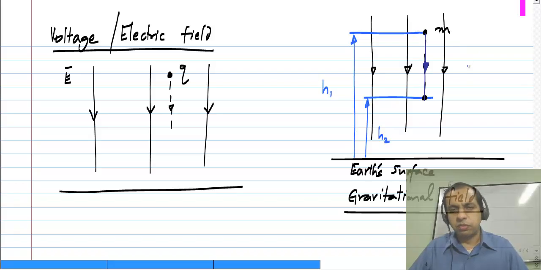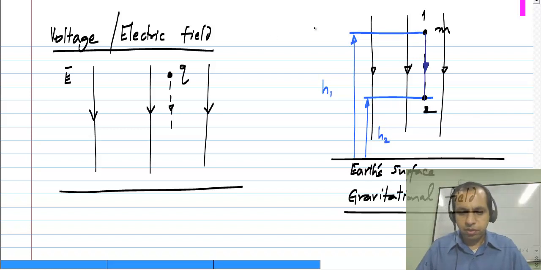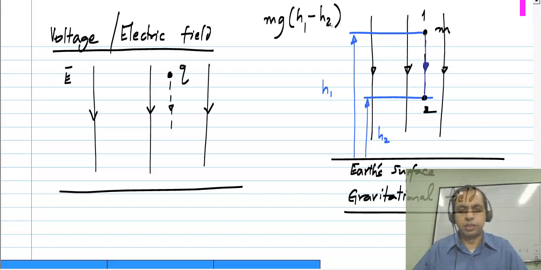You know that the object will gain energy. Okay. So perhaps initially it was being held stationary, and then when it goes from here to there in the gravitational field, it will gain some energy. And you also know that the amount of energy gained is mg(h1 minus h2). Okay.